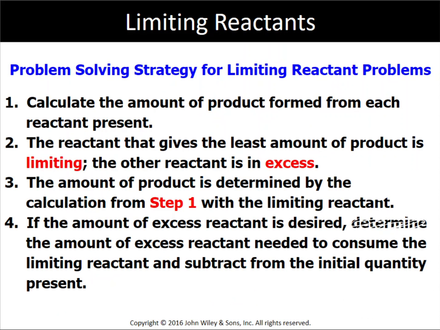So this is what our strategy is going to be to solve limiting excess problems. When the initial quantities of all reactants are given to you, the first thing you want to do is find the amount of product that's going to be produced. After you find the amount of product based on each reactant, you then look at the amounts. If they all give you the same amount of product, it means that your reactants had the proper mole-to-mole ratio.